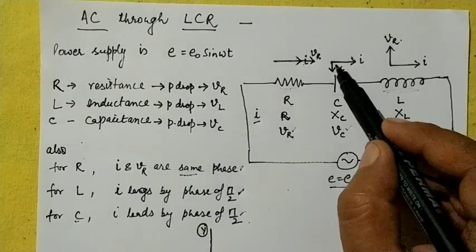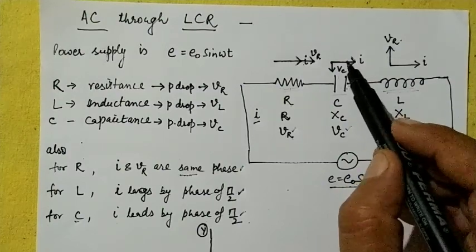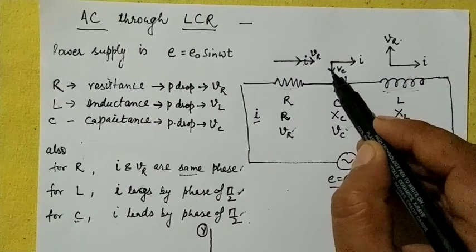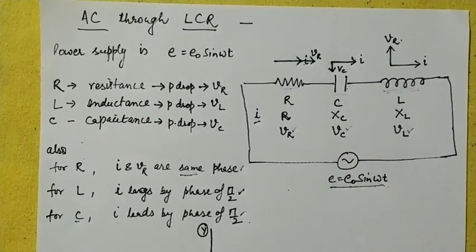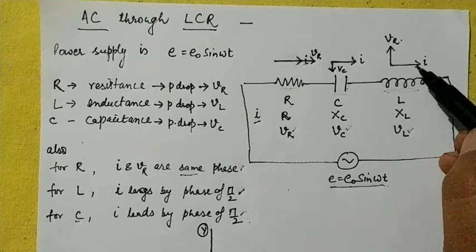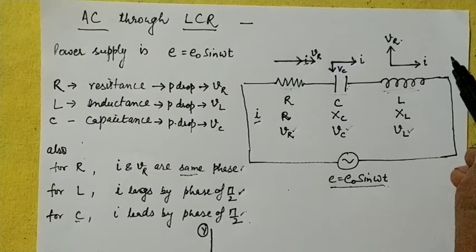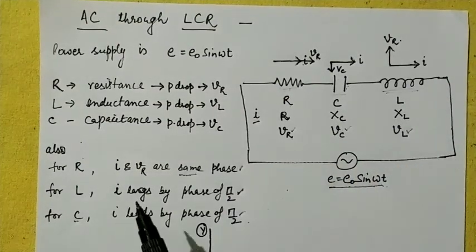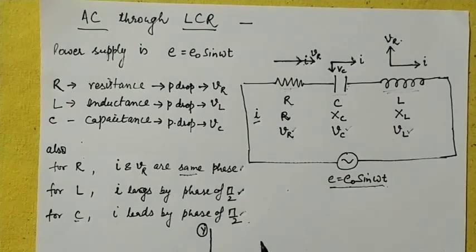So here, if the current is along this direction, then the voltage should be lagging behind, so the voltage will be represented along this direction, that is VC. Similarly, for the inductor, the current is along this direction, same as in the previous cases, but here the current lags behind the voltage by a phase of pi by 2.